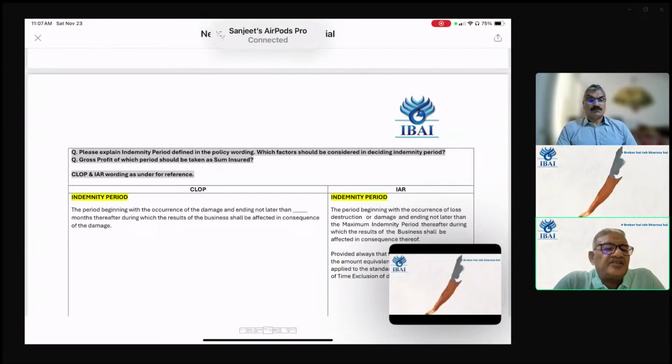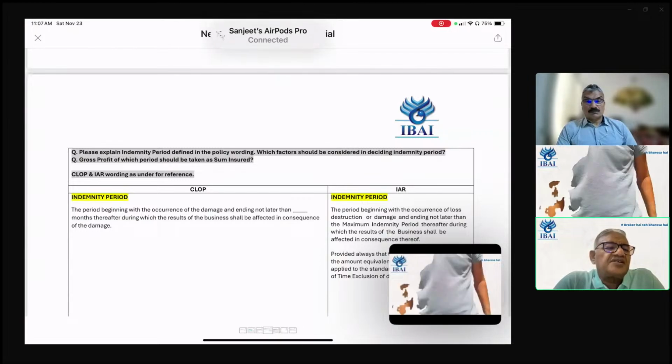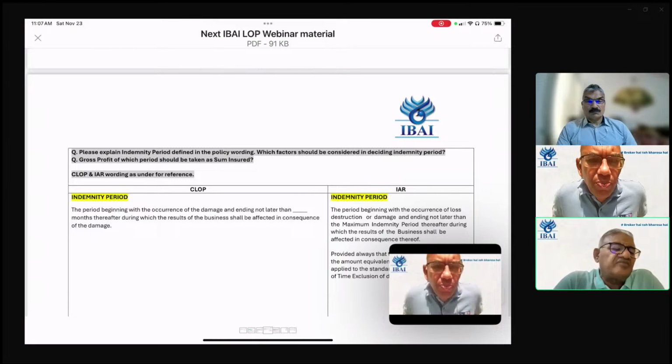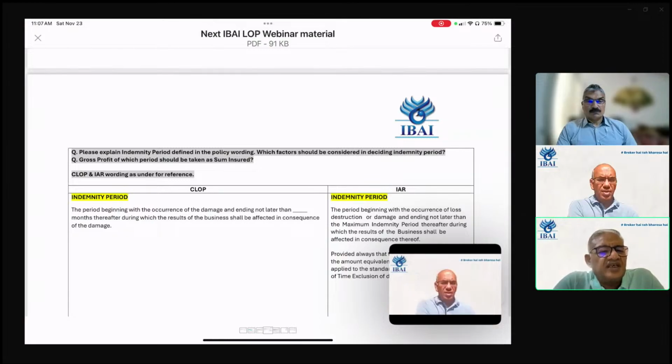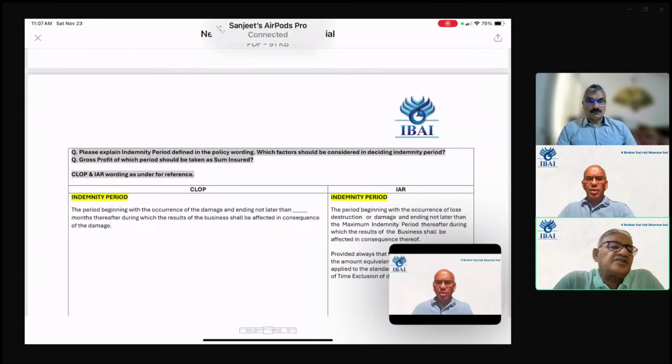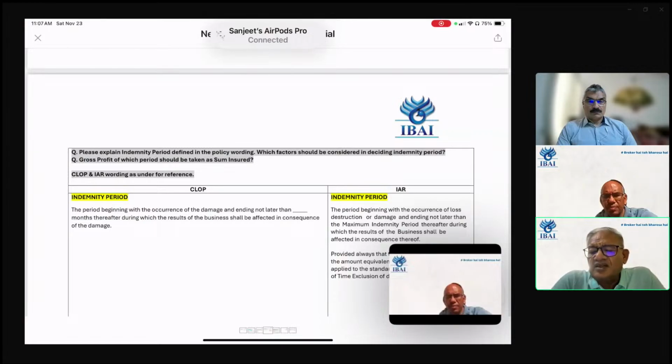If I am envisaging that my plant will be reinstated and my business will be reinstated in 24 months, then at least the reinstatement period should not be shorter than the indemnity period. Your comments.